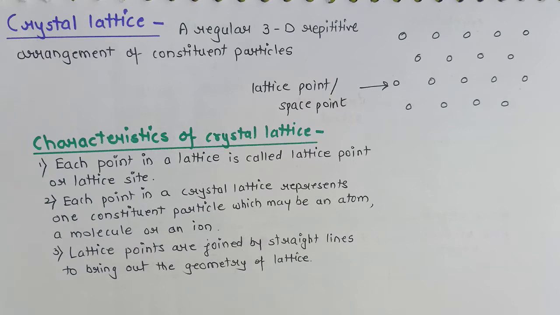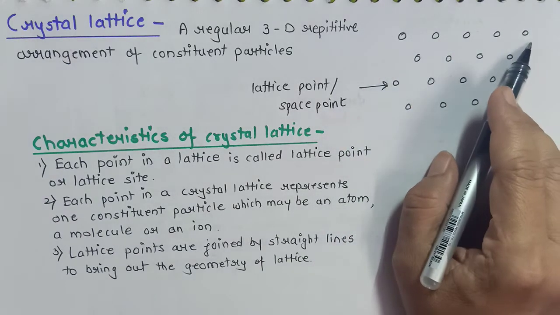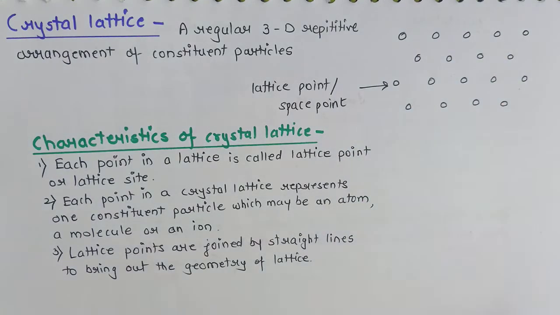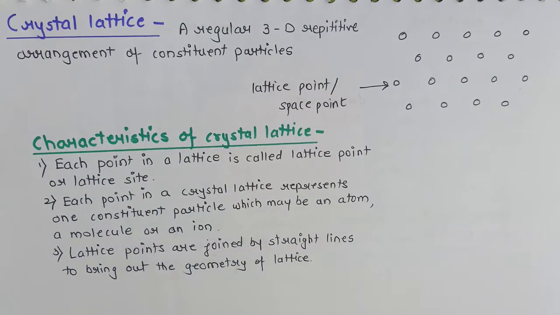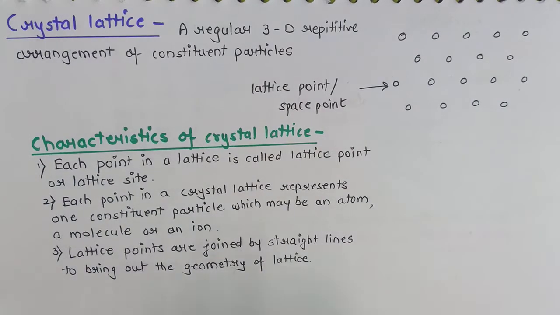So in this we have seen there is a definite, repetitive arrangement in 3D. Here we cannot show it in 3D, so I am trying to show it with the help of some figures. At this lattice point an atom, an ion or even a molecule can be present. If we join the lines of these constituent particles, we get some definite geometry. Let us see how.